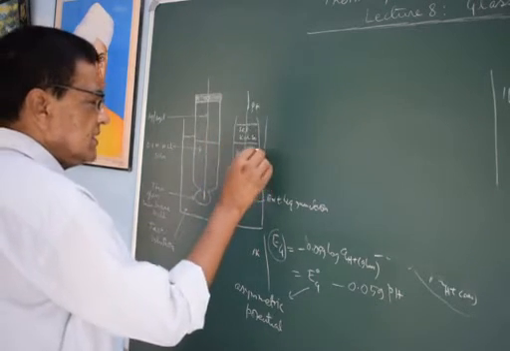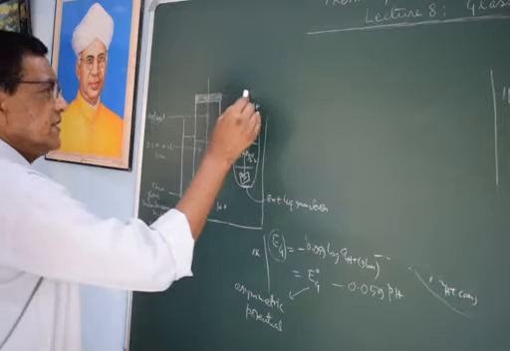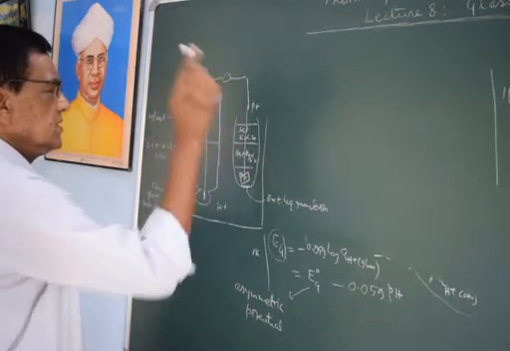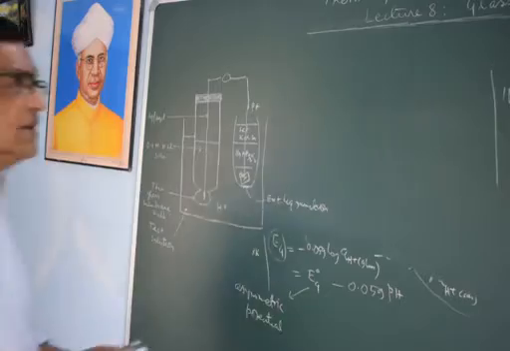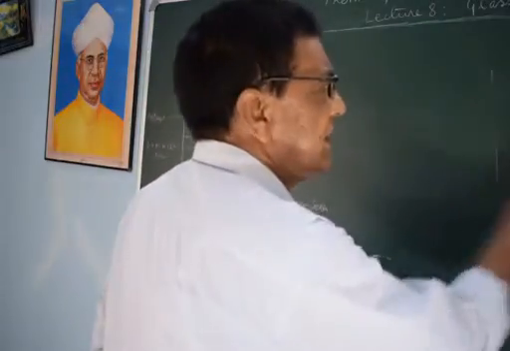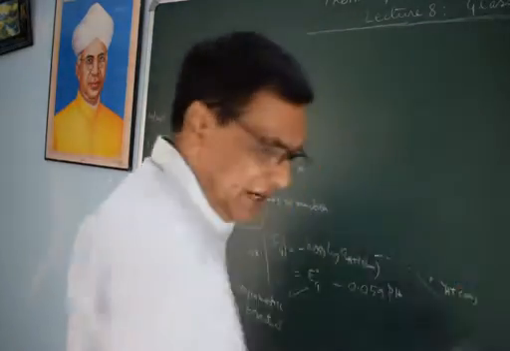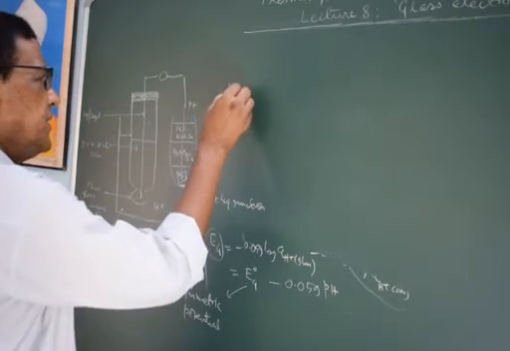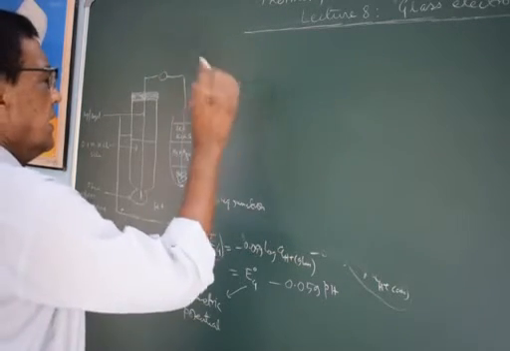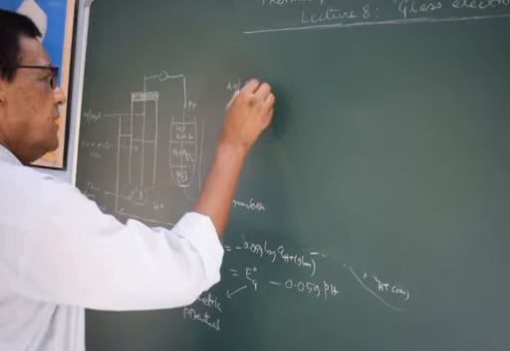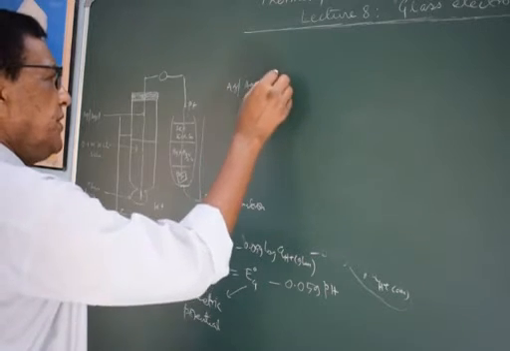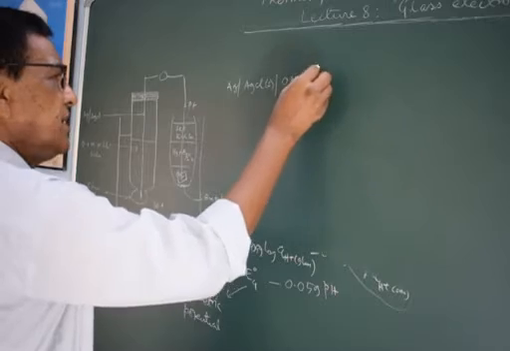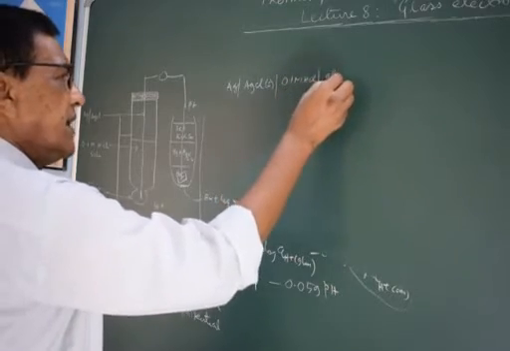This one is the second electrode, this one is the first electrode, and these two are connected to a device which will record the cell potential. If we write this cell, it is represented as silver, silver chloride solid, 0.1 molar HCl, and the glass membrane.